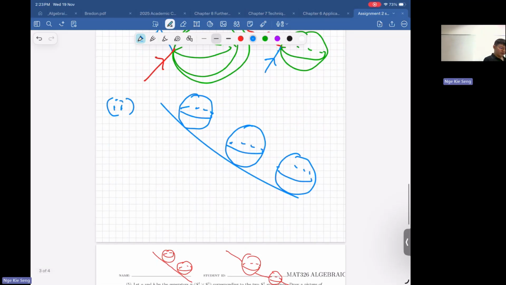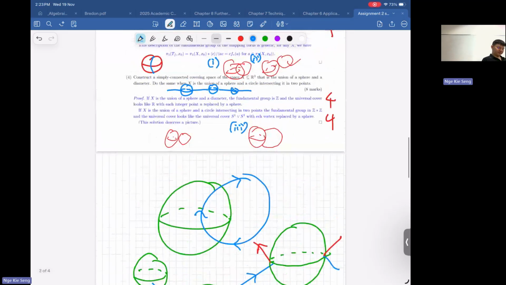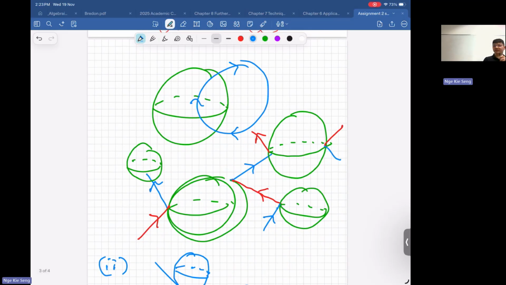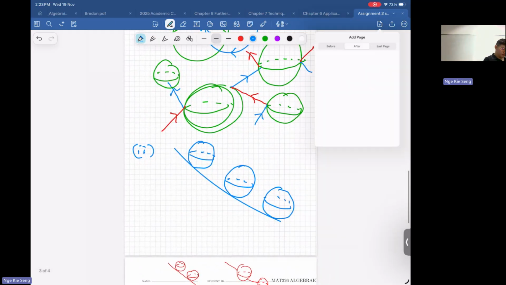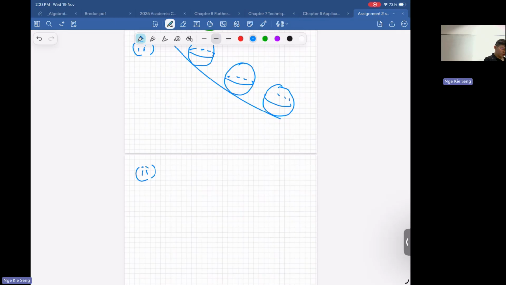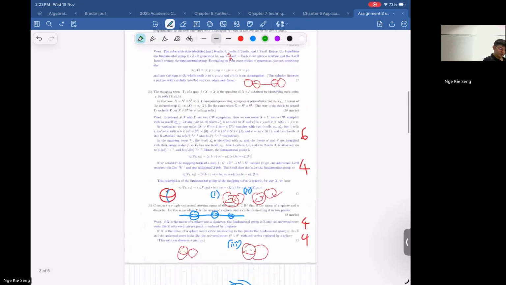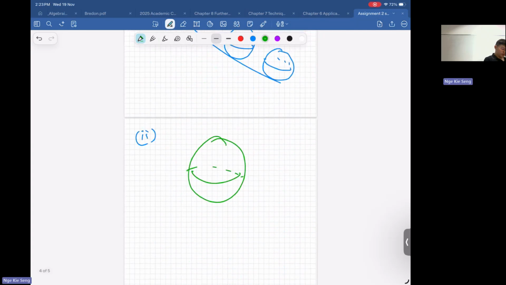And then how about the other case? The other case is actually similar to this case here. Okay, but what we're gonna do is instead of wedge at one point, wedge at 2 points. So see, so I think it's like this.